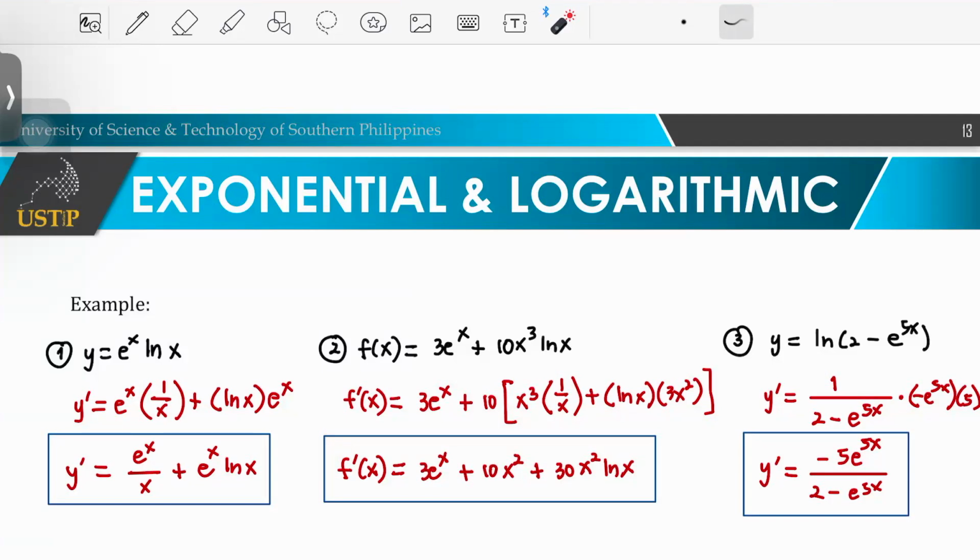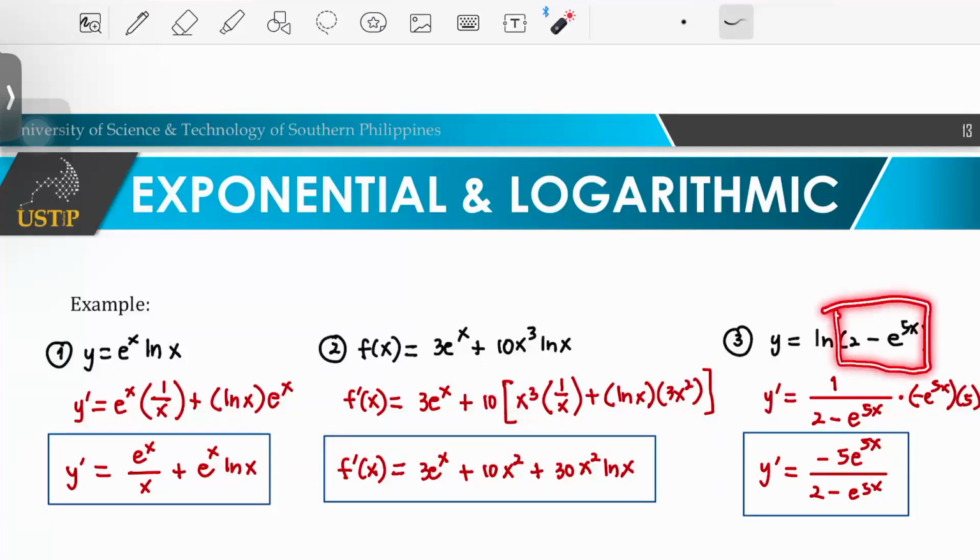Okay. And then lastly, we have ln of 2 minus e to the 5x. 1 over u, so 1 over 2 minus e to the 5x times the derivative of this.